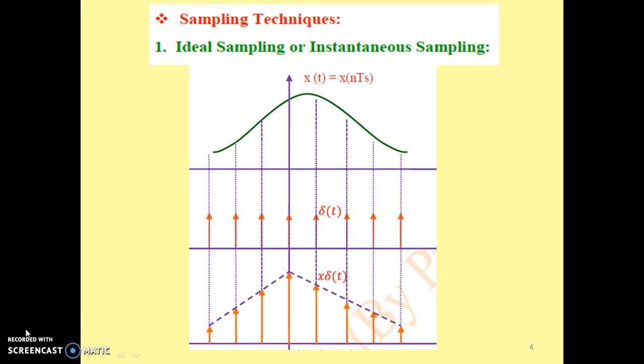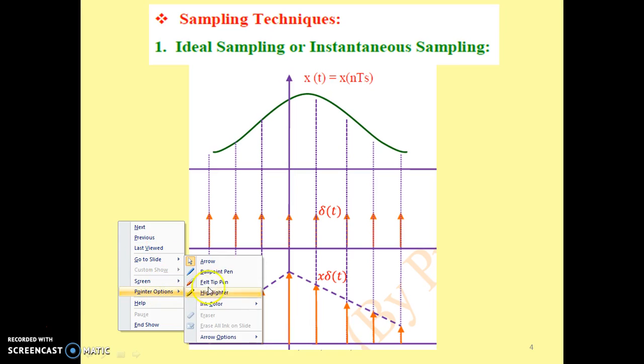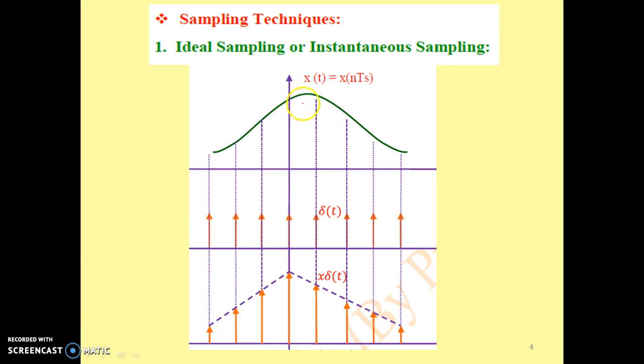The first technique is ideal sampling or instantaneous sampling. Here you can see the sampling signal that is used to sample the input signal x of t is a train of impulses.